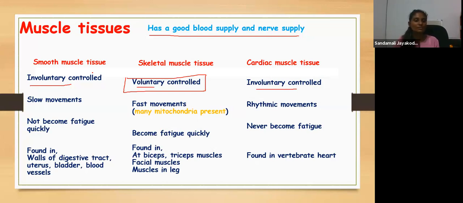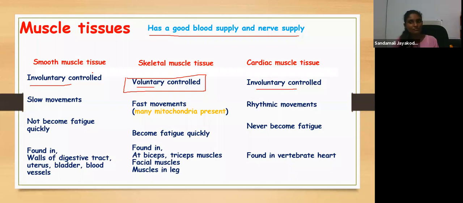So we cannot control them. If we want to control the movement of our stomach, it cannot be done. It moves by itself without the knowing of our brain. Our brain is not involved in their movements; they are involuntarily controlled.